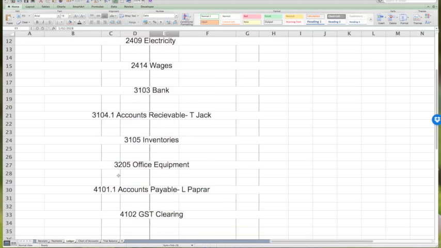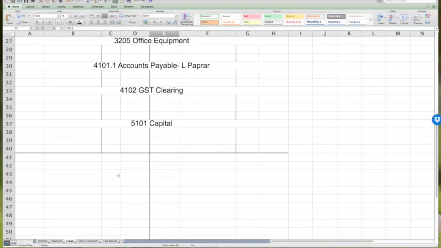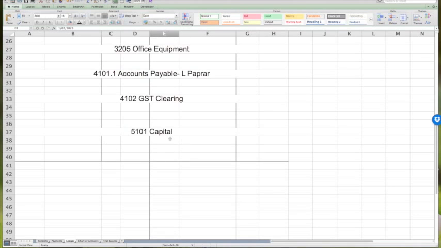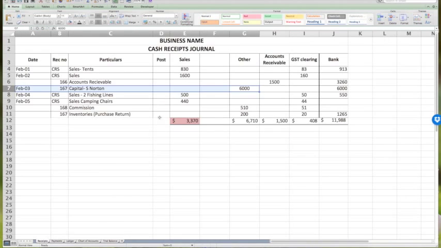I'm going to go down and find our capital account. Here it is. So Feb the 3rd. Particulars are going to be bank again. Cash receipts journal for our posting reference, and $6,000. Okay, back over into the receipts. We'll colour in that square so we know that we posted it.